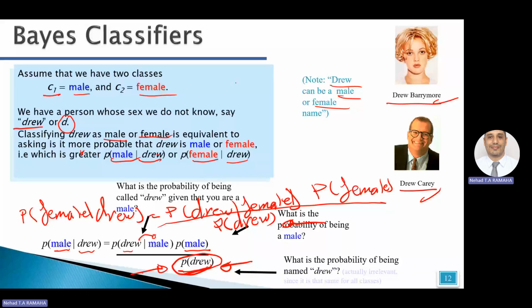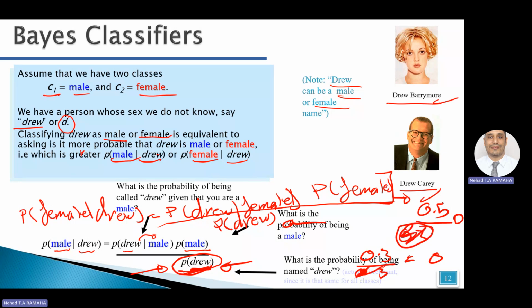No. For example, the result of this one is 0.5 and the result of this one is 0.3. Then 0.5 divided by 0.3 gives some number, and 0.3 divided by 0.3 gives another, because it's the same number here and here. This number will still be less than that number, whether you divide by 0.3 or not.